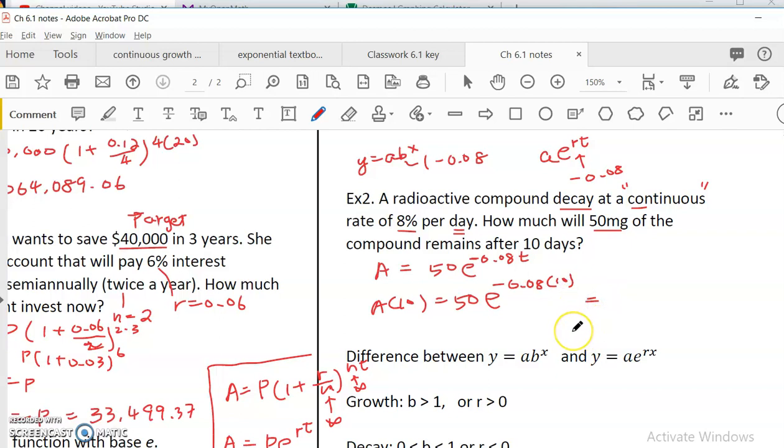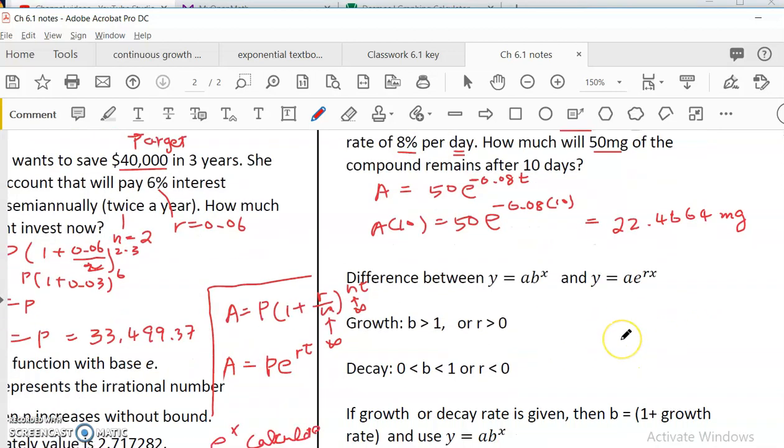Put in the calculator 50 times e to the negative 0.08 times 10. I get 22.4664. This is not money, it's radioactive material, so we do 4 decimal places.